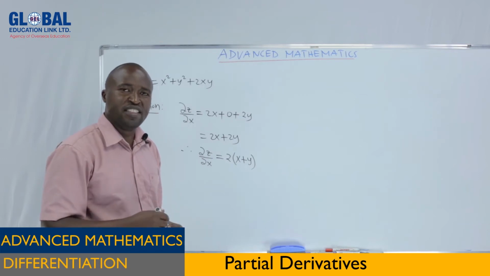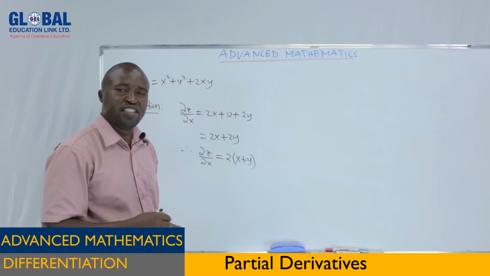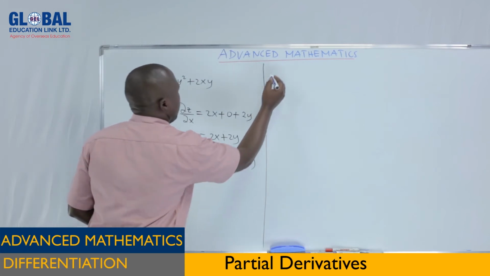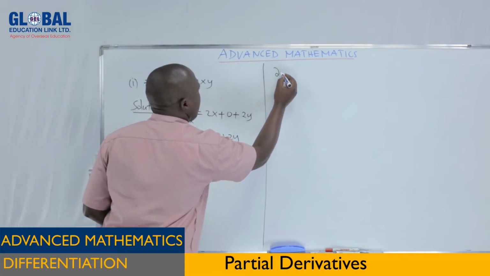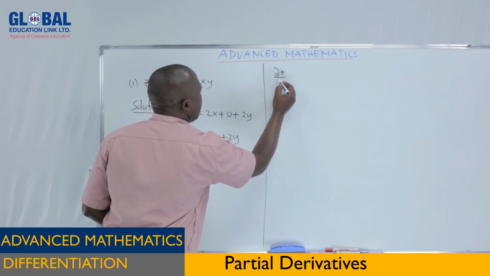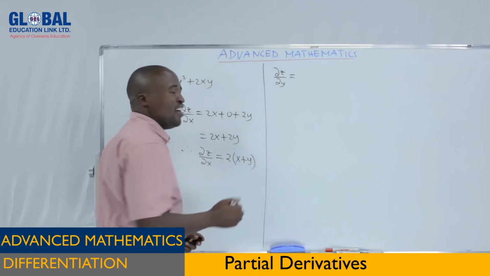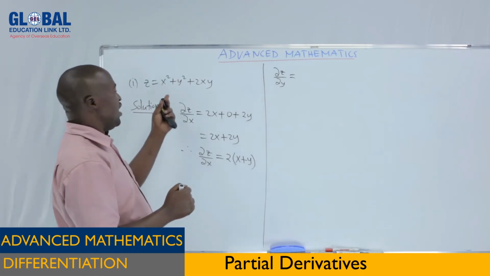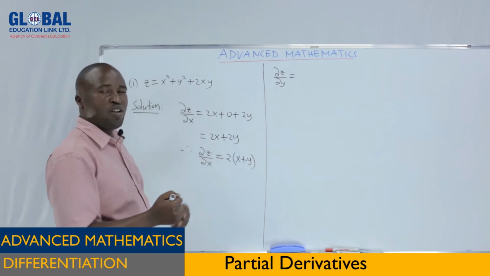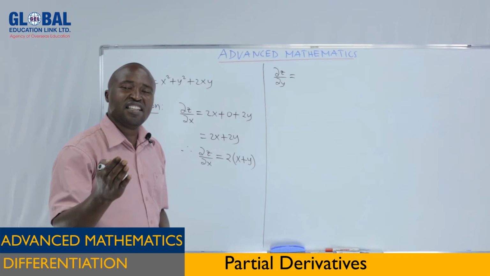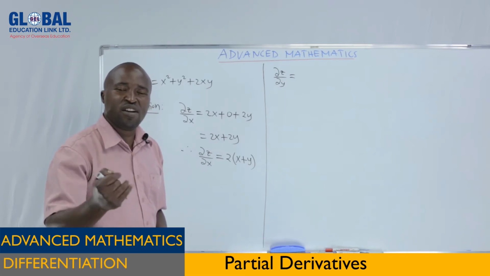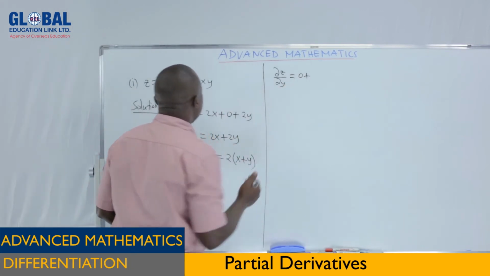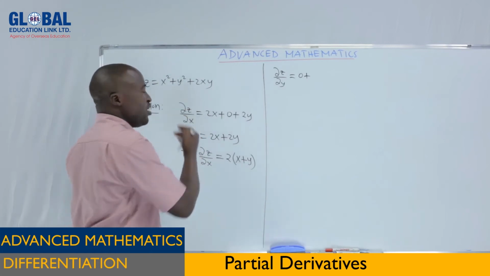Now, dear student, we proceed with another first order partial derivative. In this case, we have the partial derivative of z with respect to y. This time, x is constant. So in our function, we are starting with x squared. So x squared is a constant, so differentiating x squared, we are going to have 0. Then plus, the next variable we have is y squared.